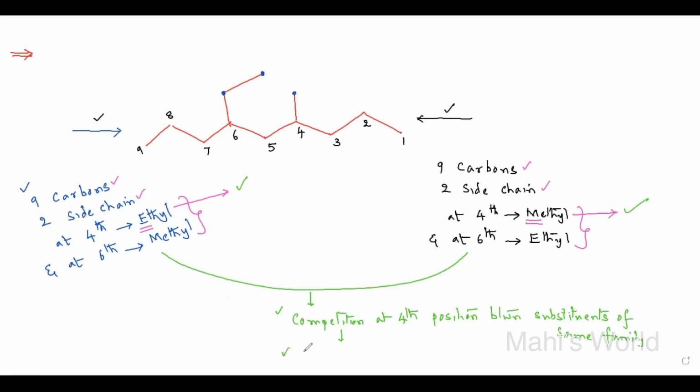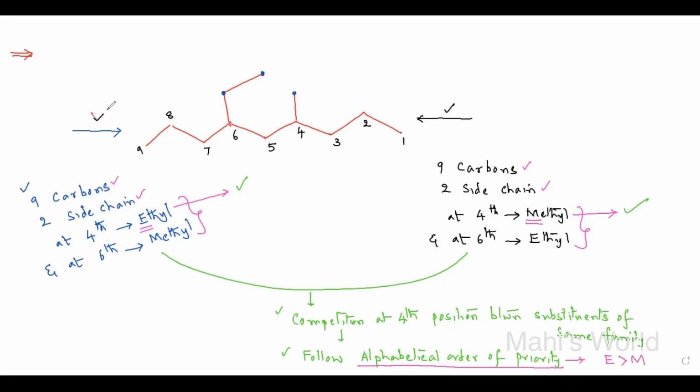In such a case, you have to follow alphabetical order of priority. Which one comes first, whether it is E or M? Alphabetical order of priority is what you have to follow. So let me follow it this way. E comes first.